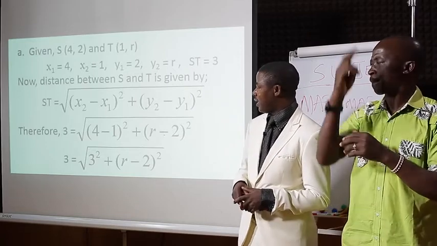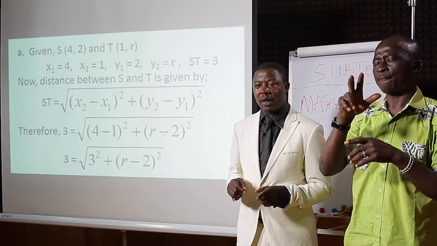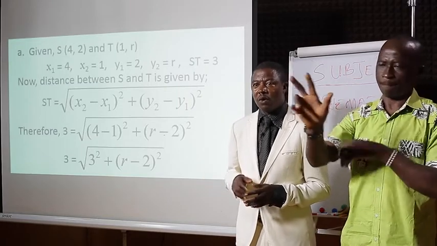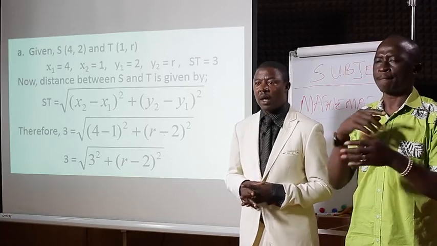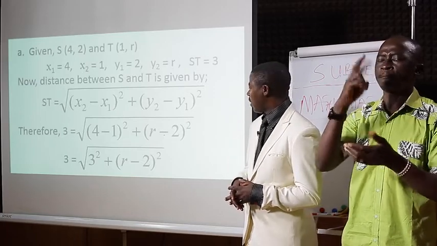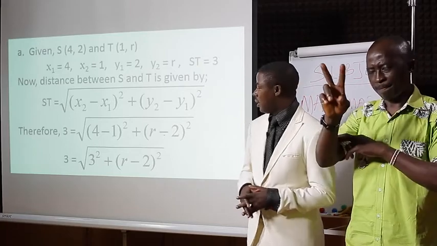Now simplifying, 4 minus 1 is 3. So what is 3 squared? It will be 9. Then we equally have (R minus 2) squared.